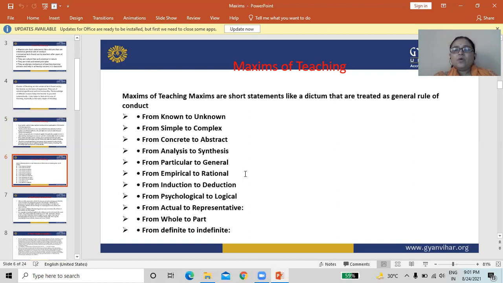Today we will cover all these maxims and we will also discuss examples of these maxims.